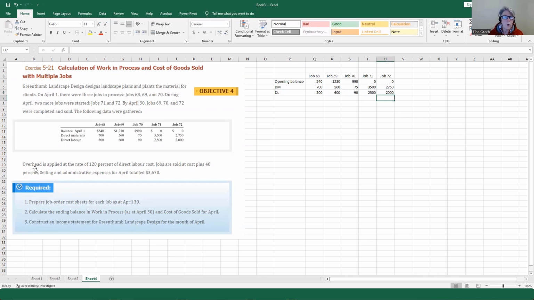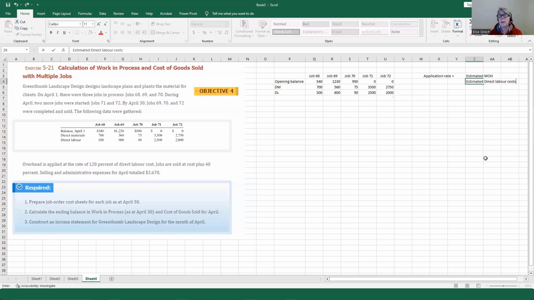Overhead is applied at a rate of 120% of the direct labor cost. So again, they calculated the application rate. How they calculated it this time is they took the estimated manufacturing overhead and divided it by the estimated direct labor costs.